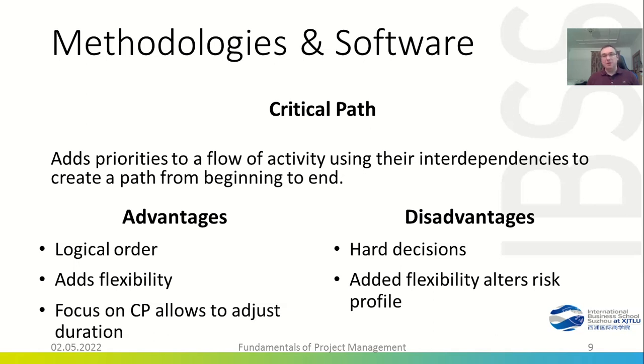Which means for every time we touch the project, adjusting duration or changing things around using our flexibility, we need to make sure that our risk evaluation remains up to date. Very often these changes and this flexibility is asking very hard decisions from us, the project manager.